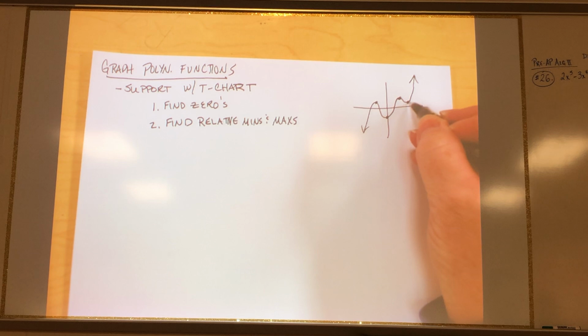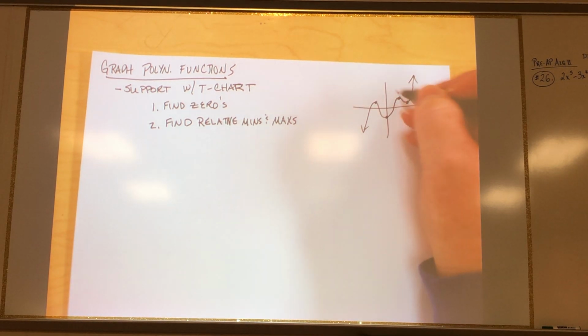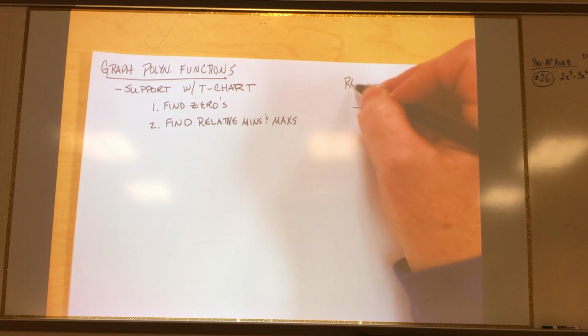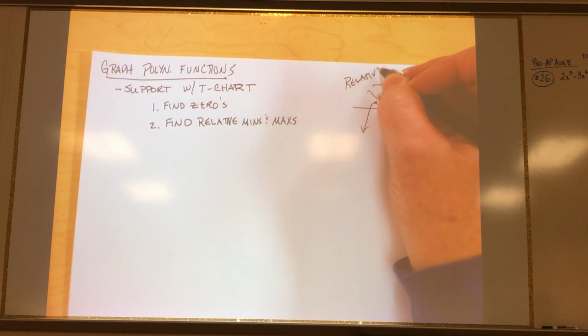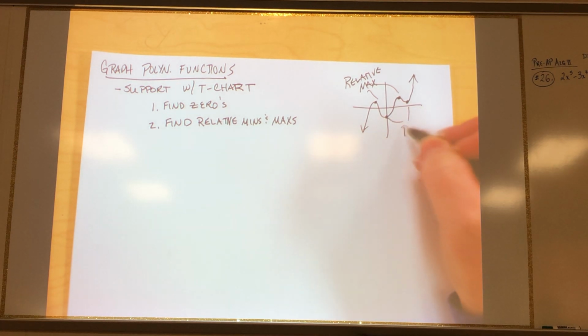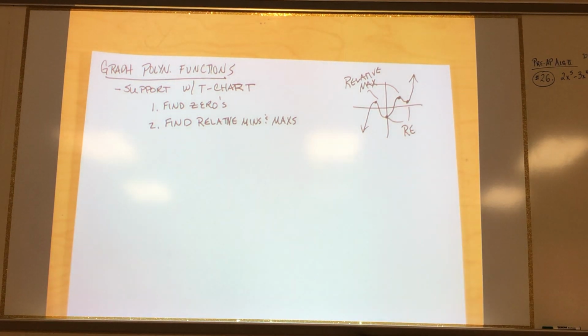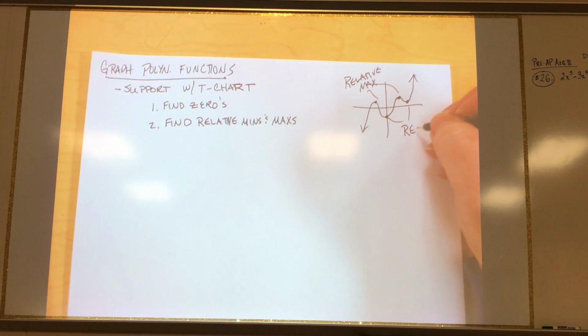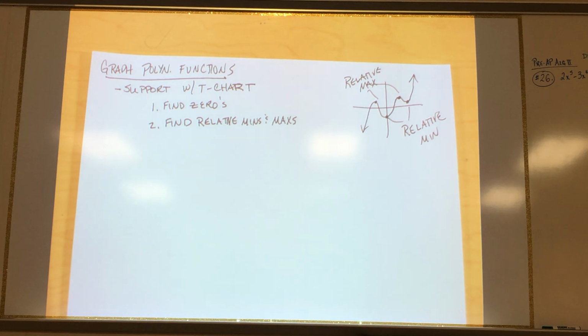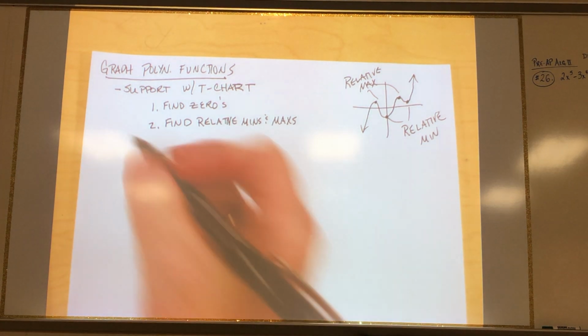Two, one here and one here. These right here are relative max, and these right here are relative min. It doesn't really have a max and a min, but relative to that general area, that is a max or min, and that's what we're going to use to graph.